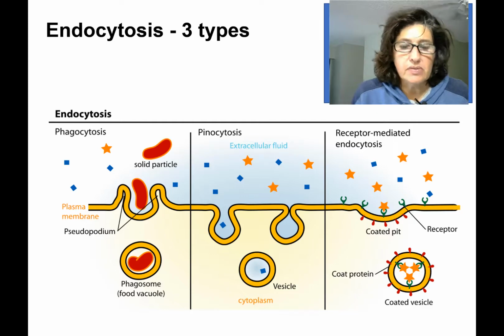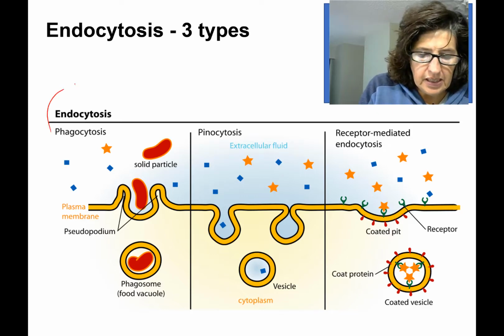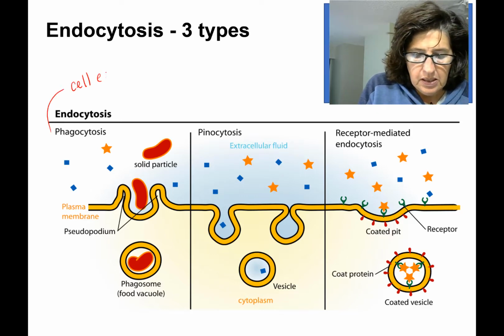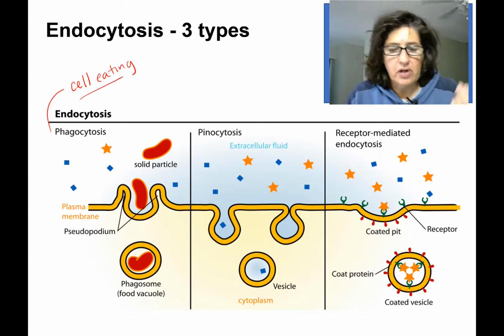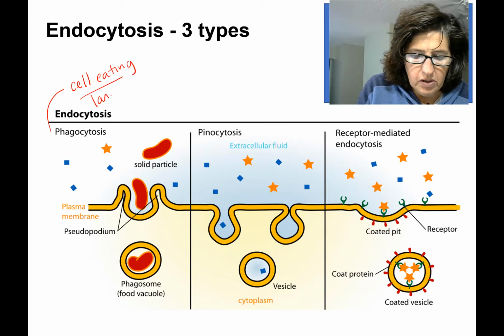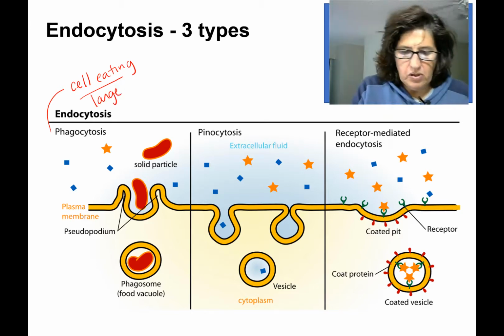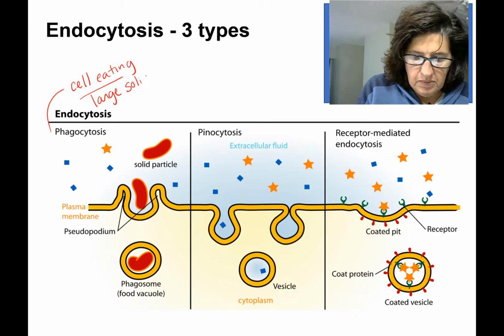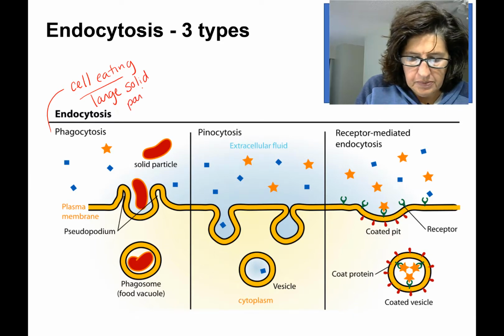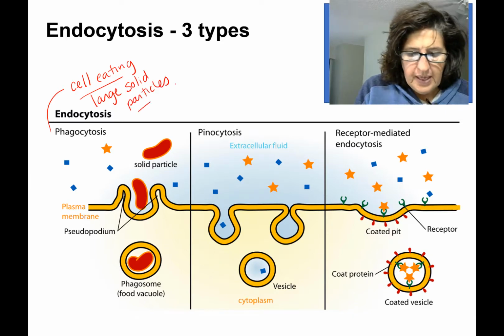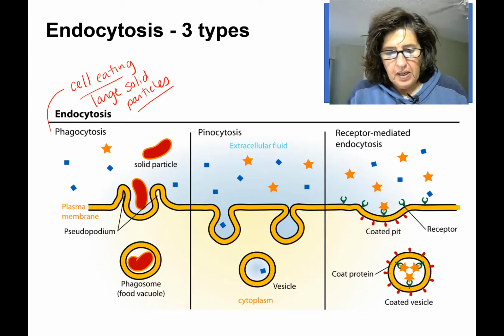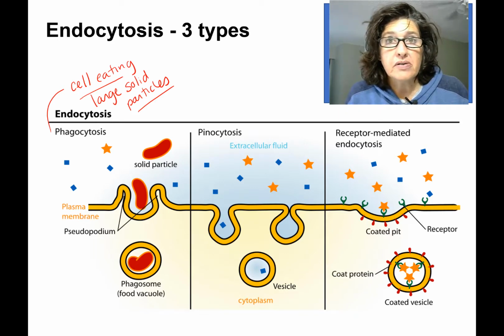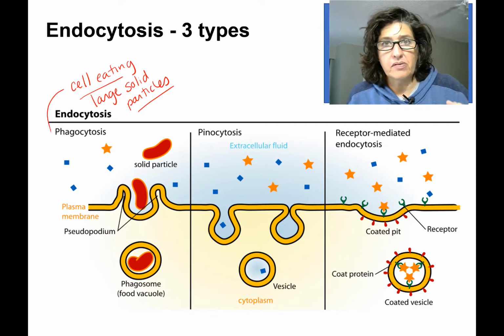So phagocytosis means cell eating. And phagocytosis is for large particles or large solid molecules. I'm going to put solid particles. And this can be as big as what it's showing you right here, as a bacterial cell being eaten by another cell.